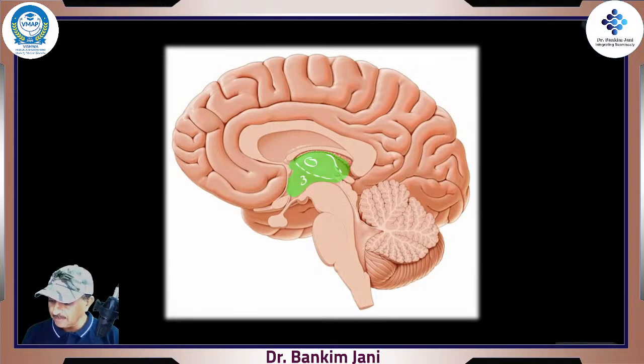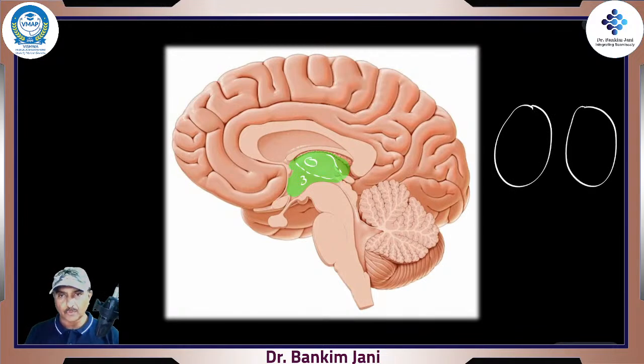Basically this is one thalamus, this is another thalamus, and in between there are interthalamic adhesions. So it is exactly like that: the thalamus is there, and the third ventricle is sitting, allowing this to pass through it.